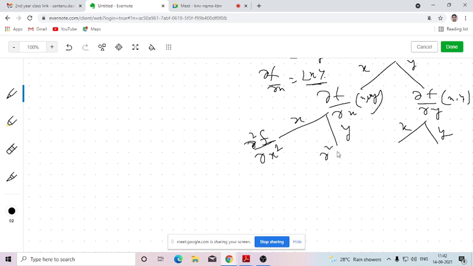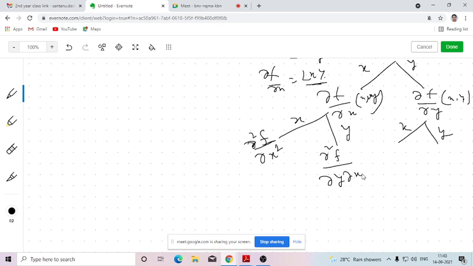And here, if I differentiate this with respect to y, what will we get? Not del y2, this is del f del x already, so we are differentiating with respect to y, that is del y del x.